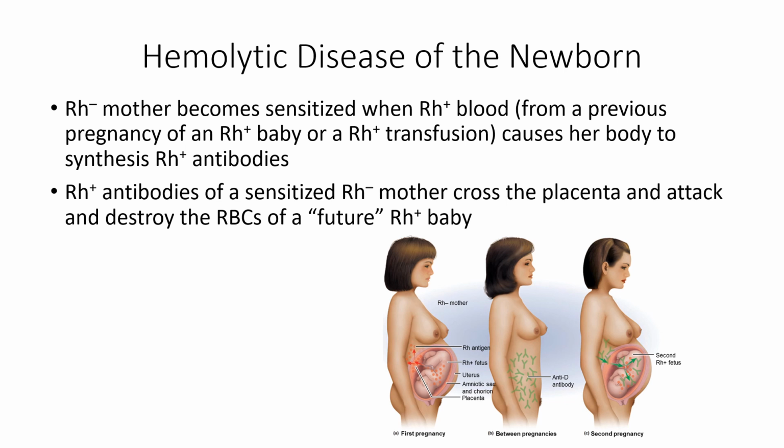So what would hemolytic disease of the newborn mean? It would mean a disease of the newborn that results from hemolysis. How do we get this hemolysis in a newborn?